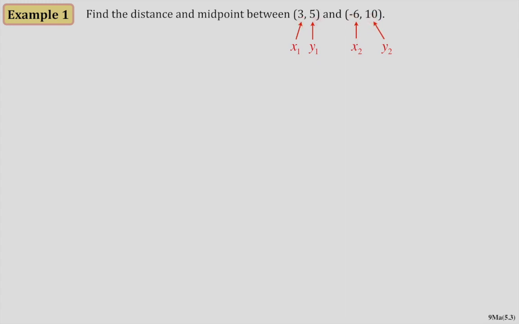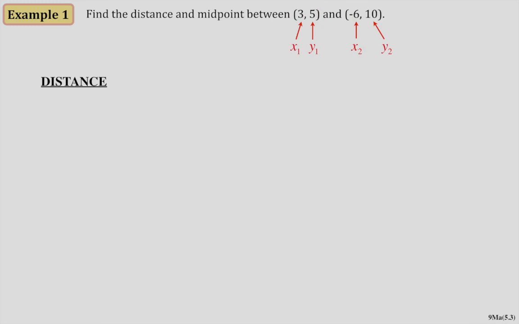By the way, if this point was written first and this point was written second and I labeled them differently, and this one was x1 and y1, this one was x2 and y2, you'd still end up with the correct answer. The formula takes that into consideration. So don't worry about the order of the points. Just make sure you label them correctly. Both ones, because that's the first point, both twos, because that's the second point.